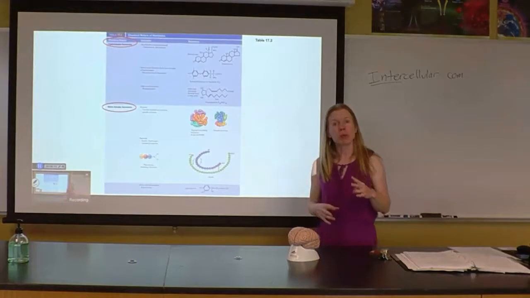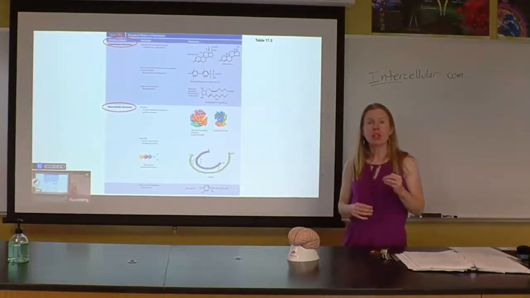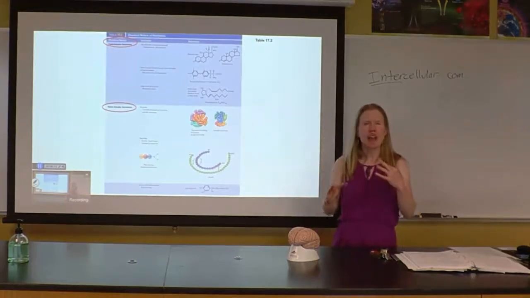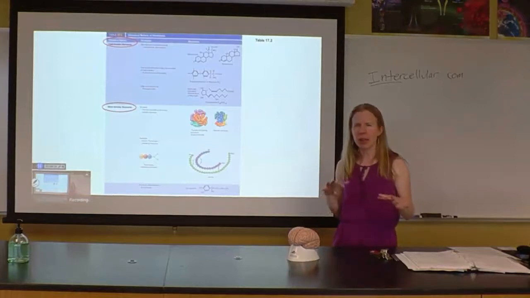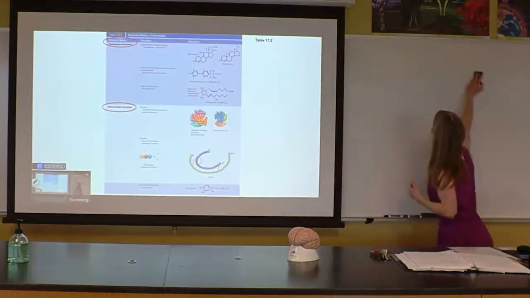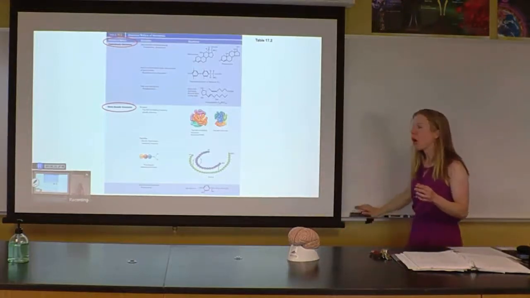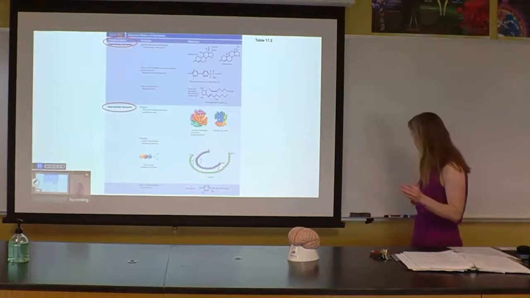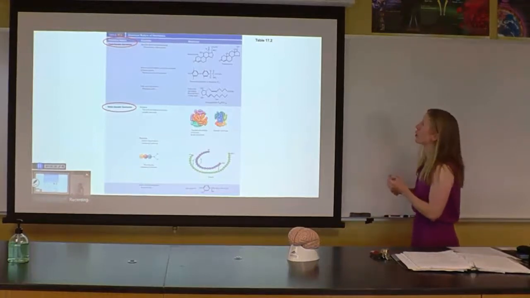So hormones can really be broken down into two main categories. I felt like this part of the textbook got a little bit clunky, maybe a little bit repetitive. And I think the big thing to keep in mind here is that hormones are either lipid soluble or they are water soluble.